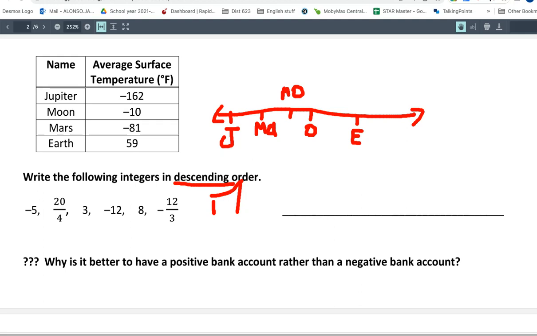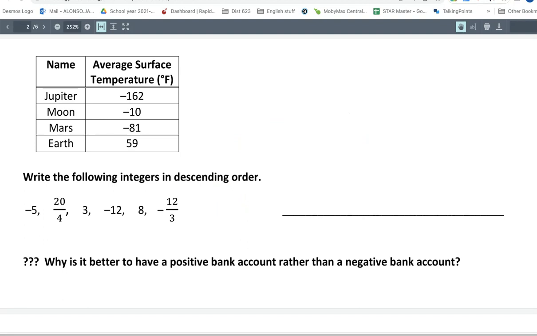I'm sorry, I don't know what I was thinking. Descending means from big to small, right? So descending means going down. So this line is descending, okay?